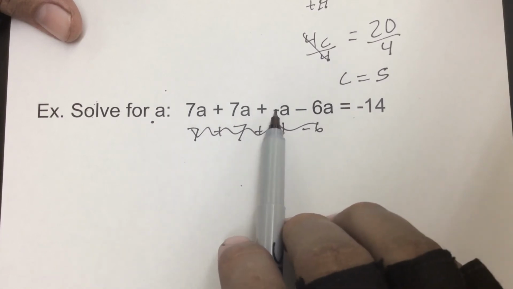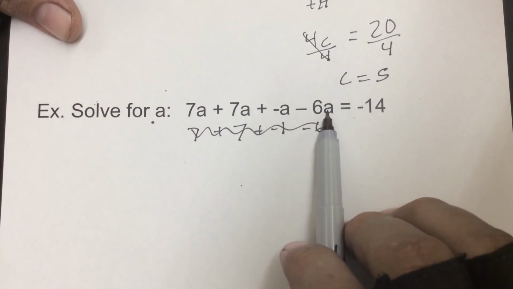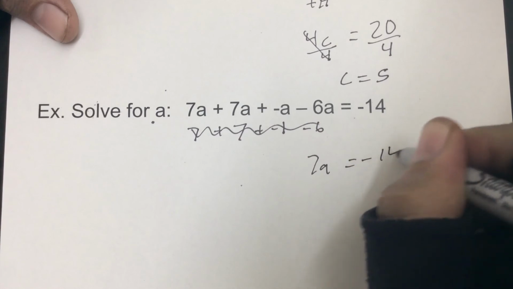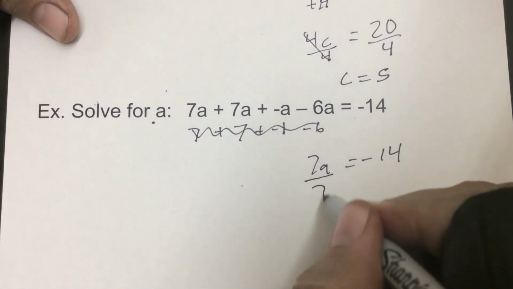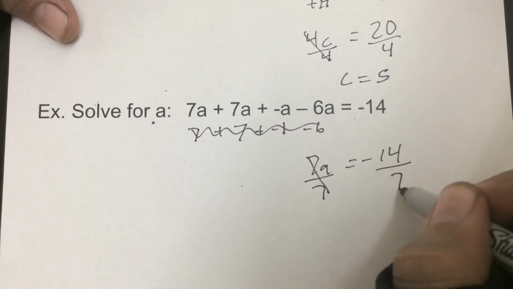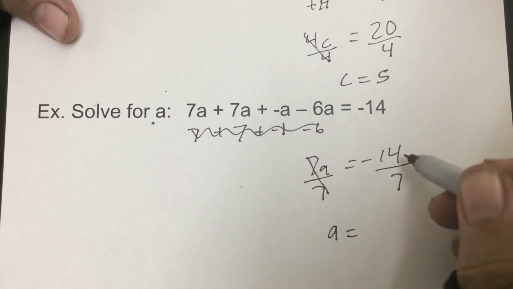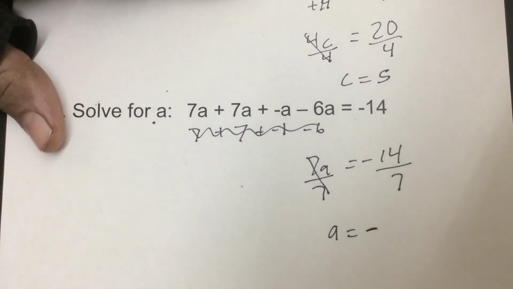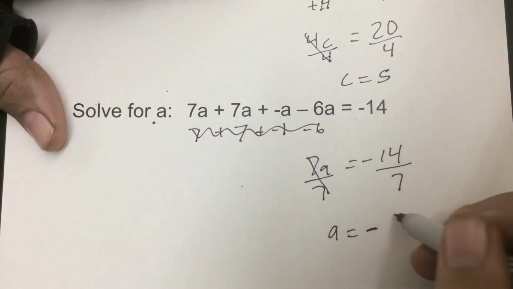So 14 minus 1 is 13, and we're going to take 6 more away, and so we're going to be down to 7. So 7a equals negative 14. So if I divide by 7, because 7a means 7 times a, so we divide to cancel. So a equals. Now, if I have a negative divided by a positive, when they're different signs, it's a negative. And 14 divided by 7 is 2.